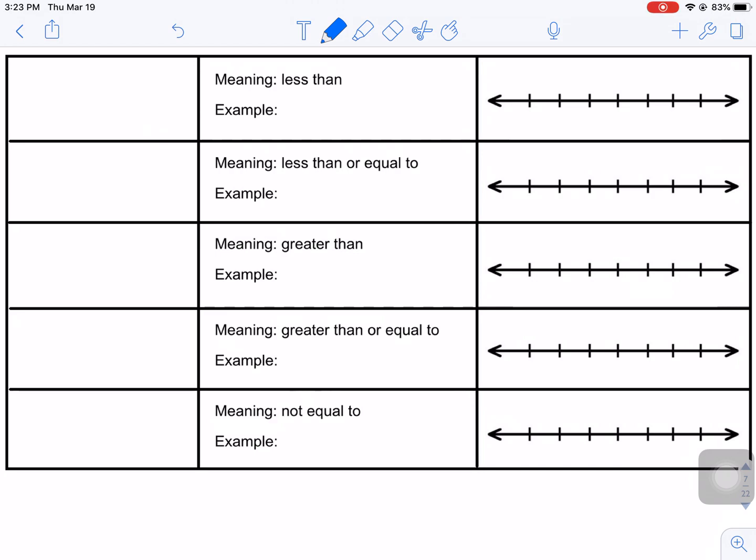At this time, would you please take out a notebook and then pause this video because I want you to draw this grid in your notes so that you can look back at this later.